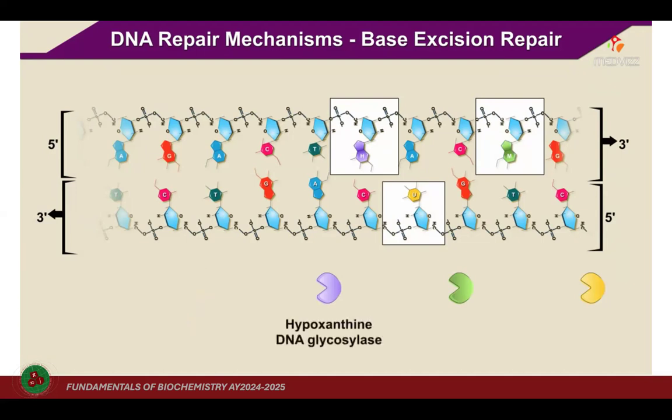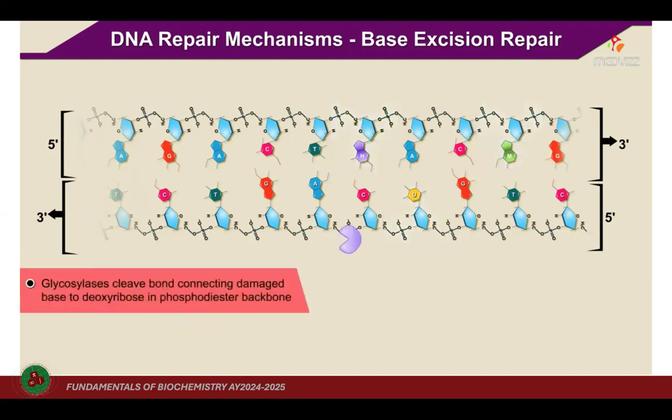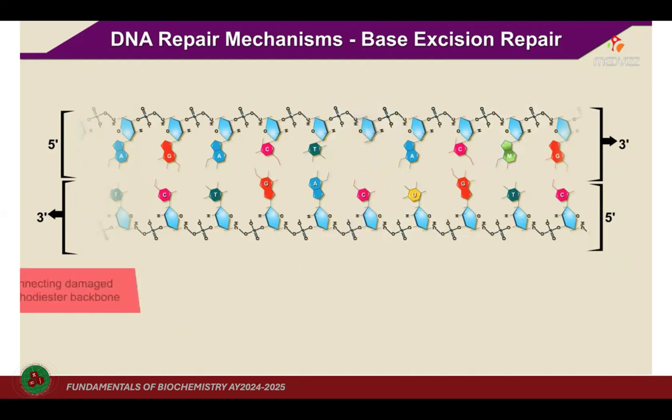Hypoxanthine DNA glycosylase, 3-methyladenine DNA glycosylase, and uracil DNA glycosylase recognize hypoxanthine and 3-methyladenine and uracil respectively when these bases are present in DNA. The glycosylases cleave the bond connecting the damaged base to deoxyribose in the phosphodiester backbone. The result is an intact phosphodiester backbone missing a base. The site is called an AP site.